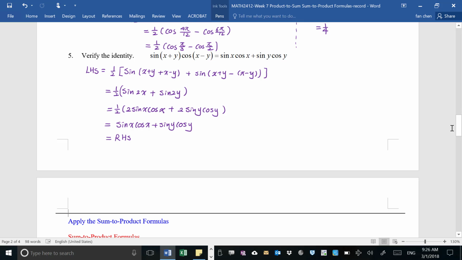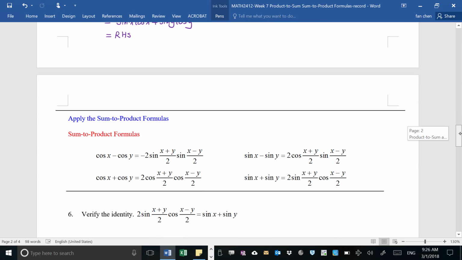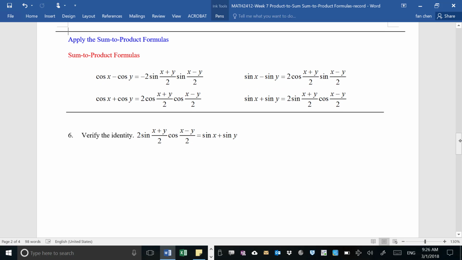Right. So how about the sum-to-product part? A difference can be considered a sum. To go to product, we can reverse that. If we think about cosine x minus cosine y, that's negative 2 sine of the average of these two angles times sine of the difference of these two angles divided by 2.